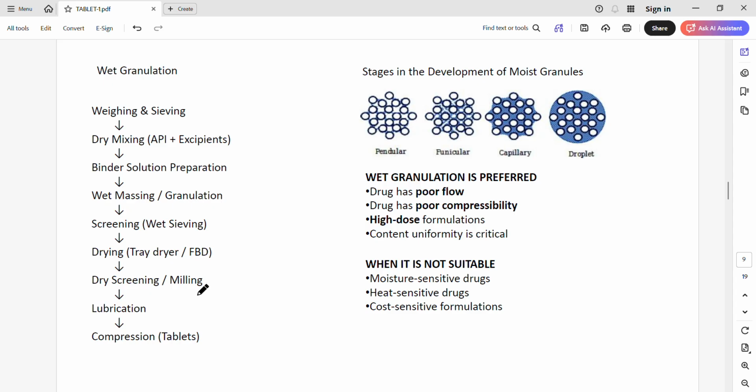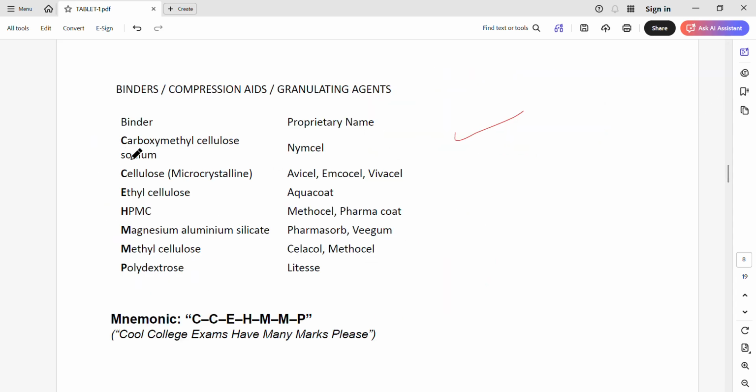Carboxymethyl cellulose sodium, whose proprietary name is Nymcel, and cellulose, which is microcrystalline cellulose, which is Avicel, Emcocel, and Vivacel.